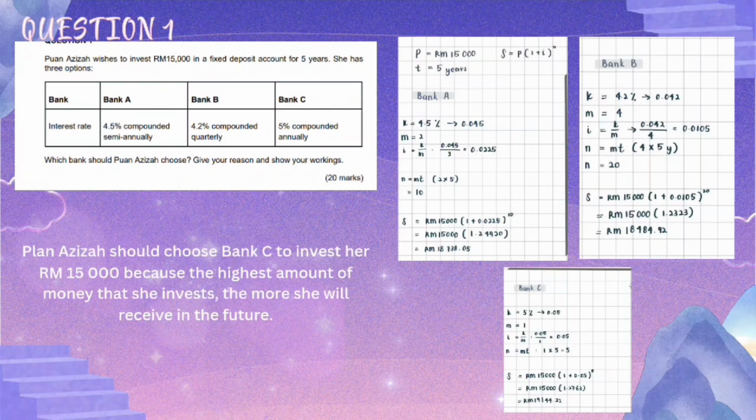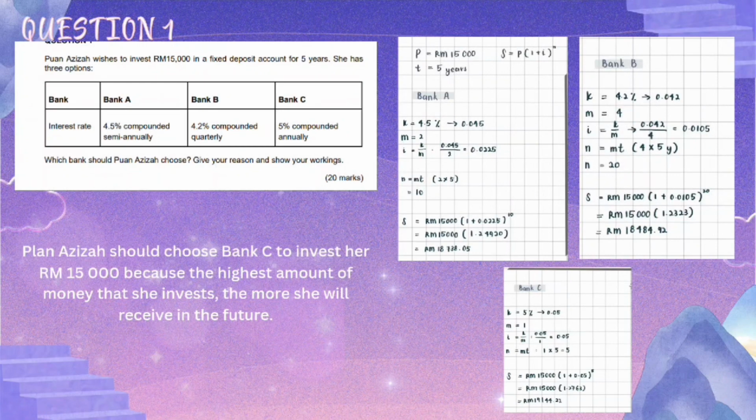For Bank B, P equals 15,000, t equals 5 years, k equals 4.2%, which we change into decimal, we get 0.042. m equals 4, and i we get by k divided by m, 0.042 over 4, so i equals 0.0105. n equals mt, which means 4 multiplied by 5, so n equals 20.